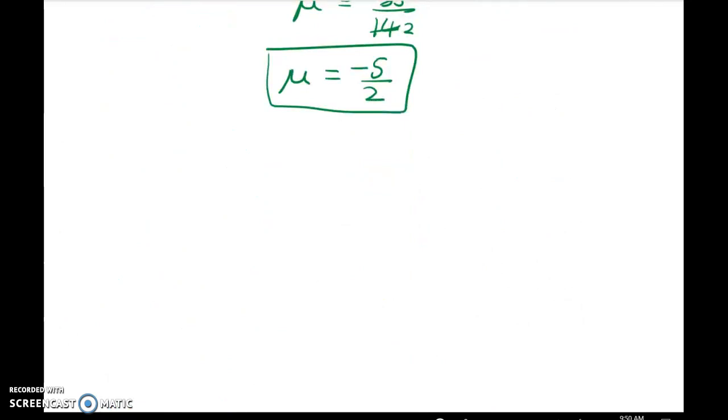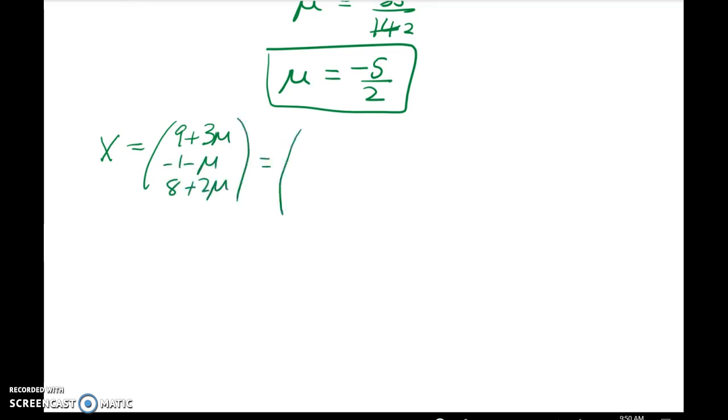Right, so when we substitute in here, x will come from this: 9 plus 3 mu, negative 1 minus mu, 8 plus 2 mu, giving me 18 minus 15 over 2, negative 1 plus 5 over 2, and 8 minus 2 times 5 over 2.